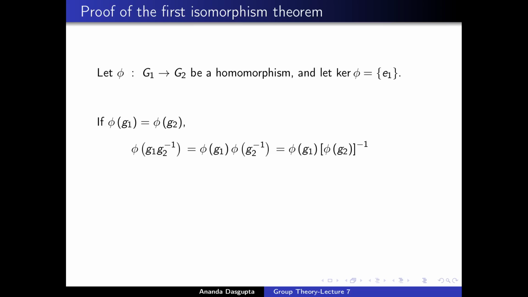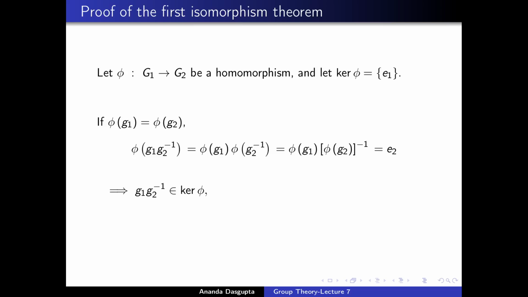But since phi of G1 and phi of G2 are the same, then here what you are doing is you are multiplying an element of capital G2 by its inverse. So what you are going to get is the identity in the group G2. That immediately tells you that G1 G2 inverse must be in the kernel of the homomorphism phi.